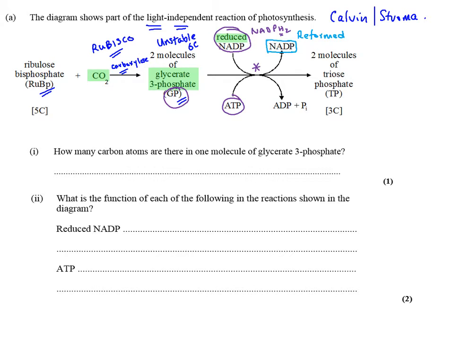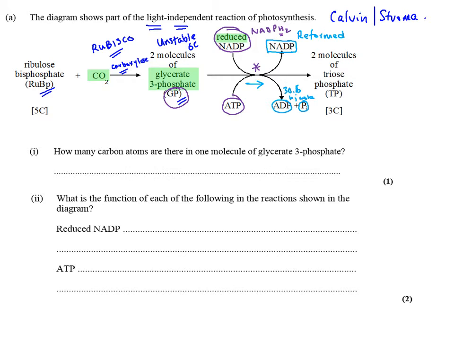Now we know ATP, when that's hydrolyzed, that forms ADP and inorganic phosphate, and it releases 30.6 kilojoules per mole of energy. 30.6 kilojoules per mole of energy that drives this reduction reaction.